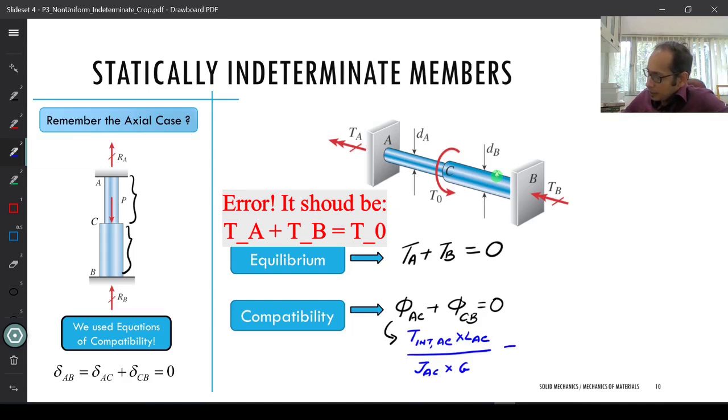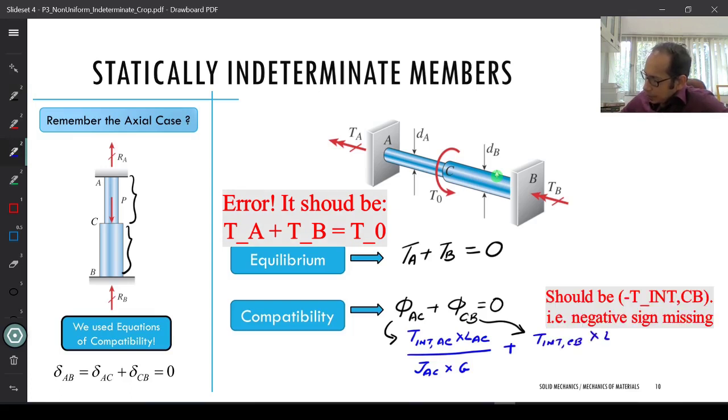And plus, for this one here, T internal CB times length of CB divided by J of CB times G, right? And this equals 0 over here.